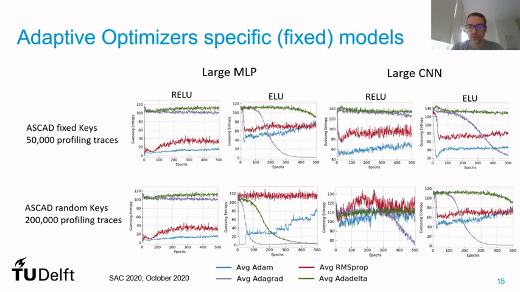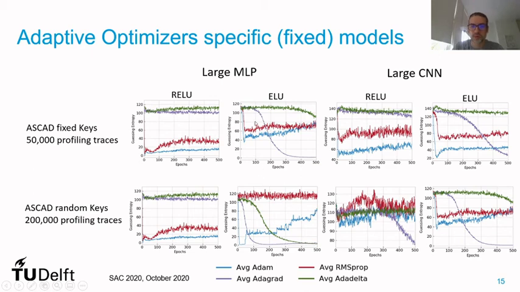So here we have the results for large models, large MLPs and large CNNs. For the 4 adaptive optimizers, we can observe that for large models we also see fast convergence for Adam and RMS propagation, more with MLPs than with CNNs. After that they can overfit quite a lot, and guessing entropy can increase up to a level that is almost close to random guessing.